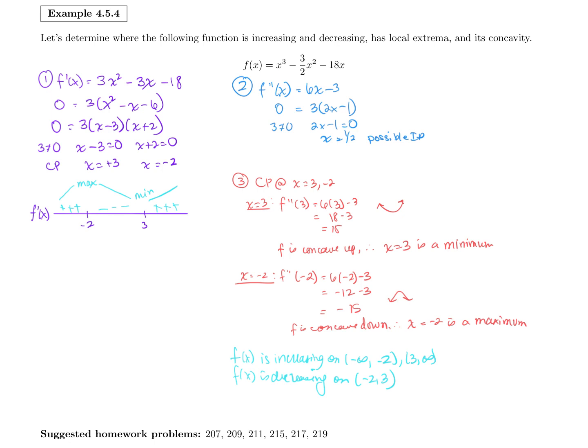So let's look at our second derivative then. If we look at that number line, we find out that we have x equals 1/2 as our only possible inflection point. If we test values less than 1/2, we end up with negatives, so concave down.